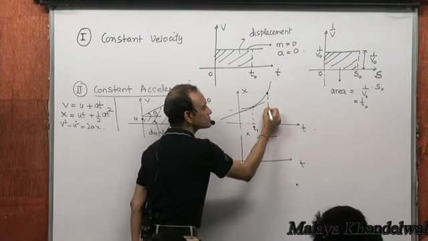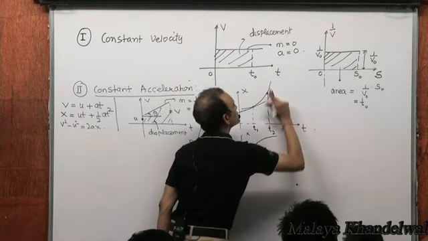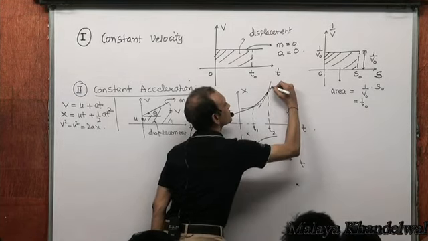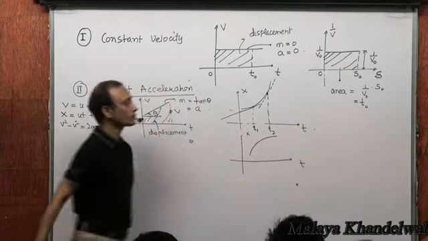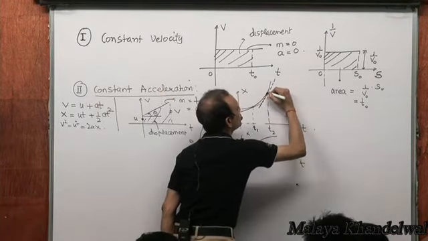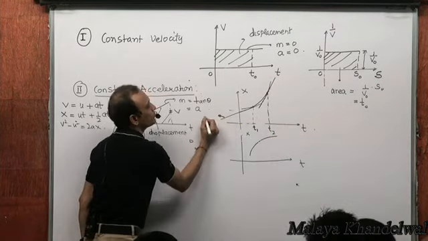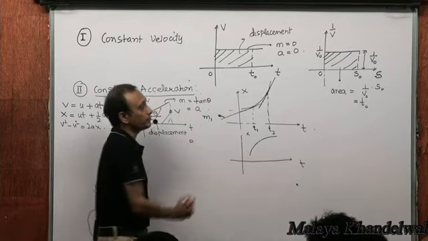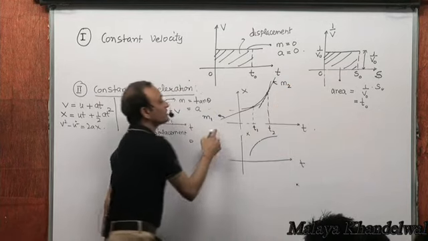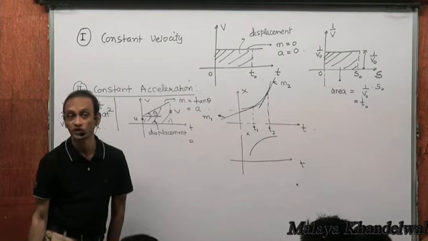Look at another instant of time, t2, a later instant of time, and draw a tangent at this instant. Then the slope of the tangent at t2 will give me the velocity at t2, yes or no? If m1 is the slope at t1 and m2 is the slope at t2, then m1 will give me the velocity at t1, m2 will give me the velocity at t2. Yes or no?